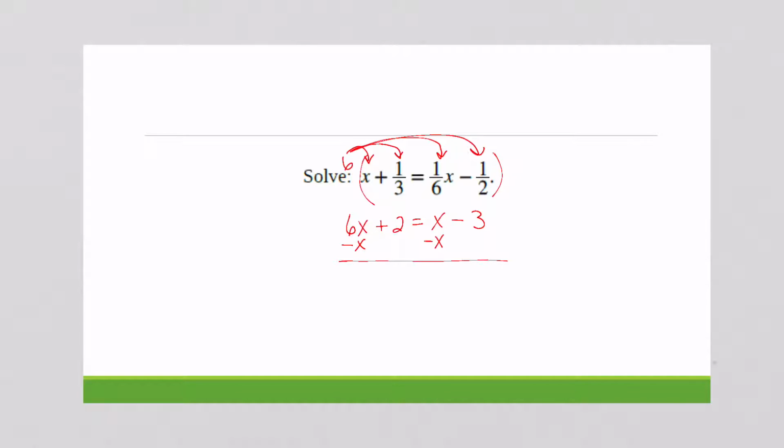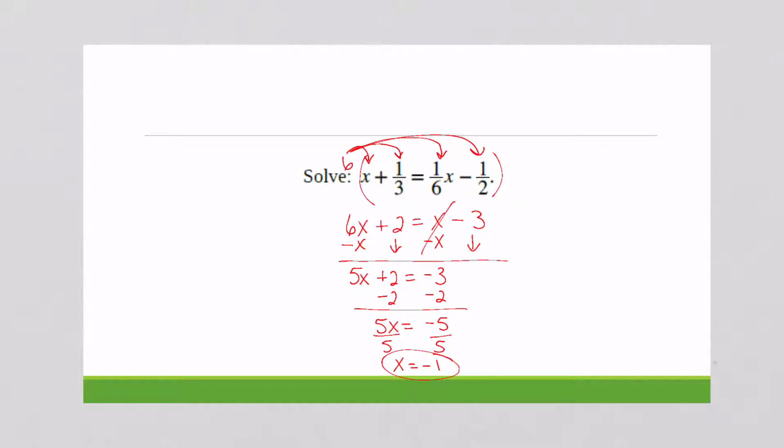So I get 6x minus x is 5x, bringing this straight down. Bringing this straight down, that created 0. So now I'm going to subtract 2 from both sides. 5x is equal to negative 5. Divide by 5. And I get that x is equal to negative 1.